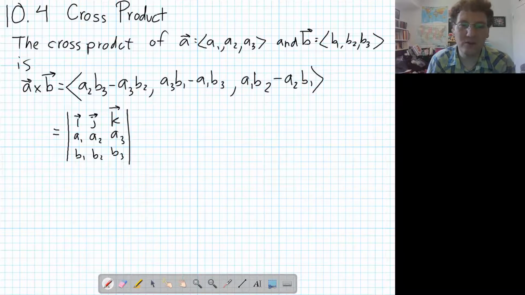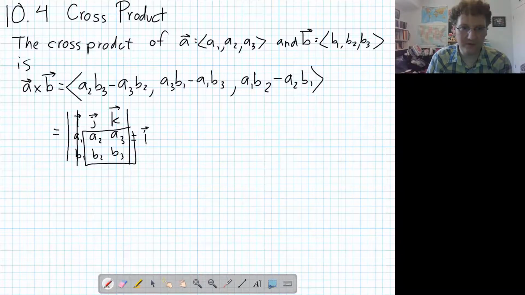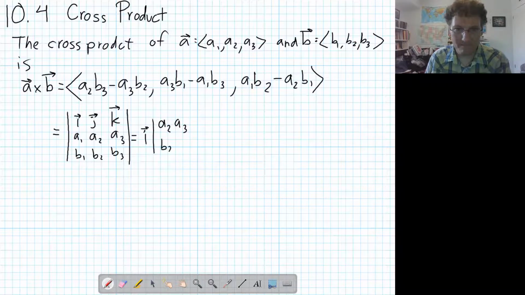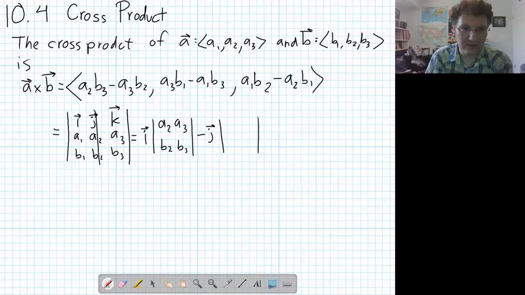So a determinant of a 3x3 matrix is a mathematical operation of the matrix. It's going to be the i vector times the submatrix that you get when you take away the first row and the first column, A2, A3, B2, B3, minus the j vector times the submatrix you get when you erase the first row and the second column.